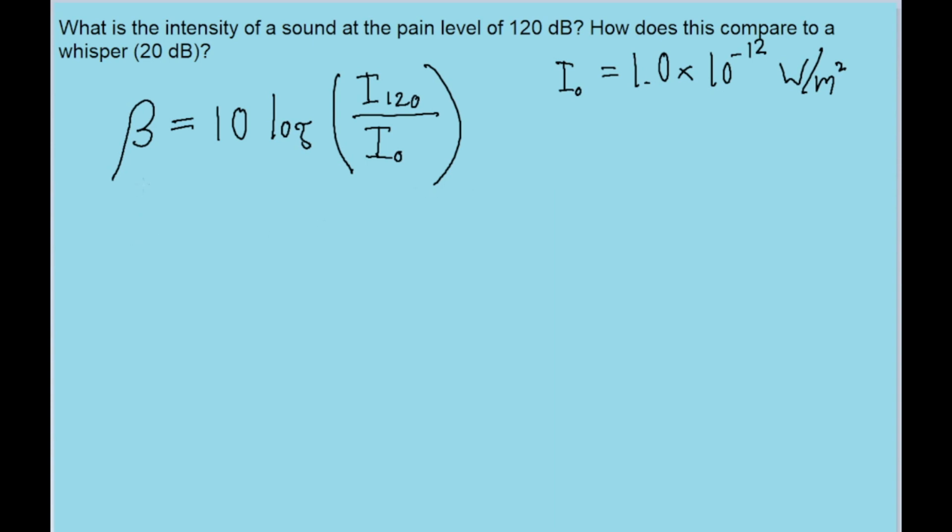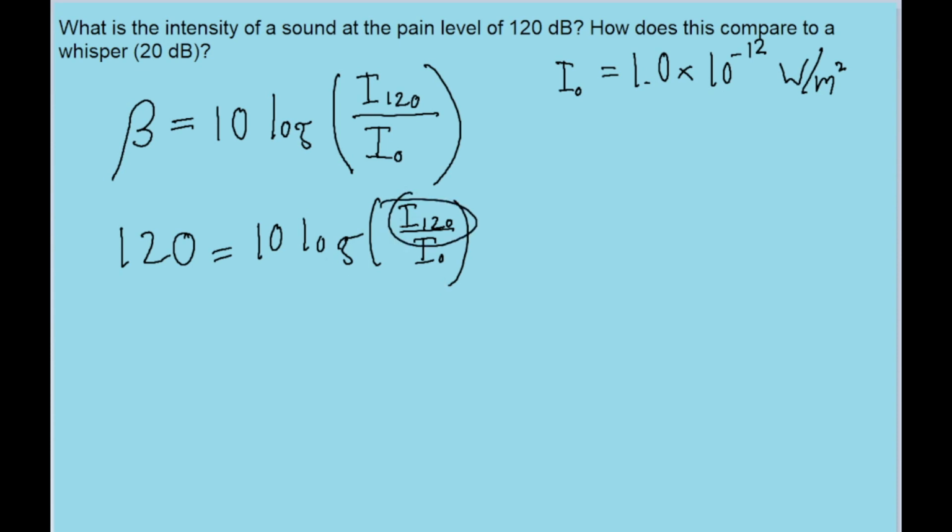Now, to solve this problem, first of all, we're looking at a sound with a sound level of 120 decibels. So beta here is 120. So 120 is equal to 10 times the rest of the equation, as I mentioned earlier. But the first thing we'll want to do to solve for this variable is divide both sides by 10 to get this out of the way.